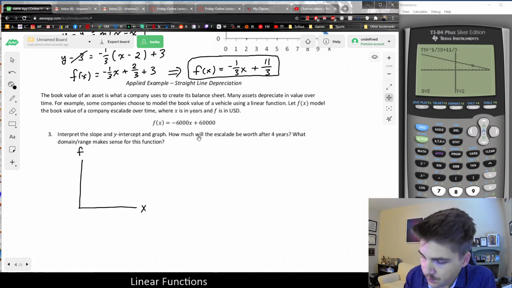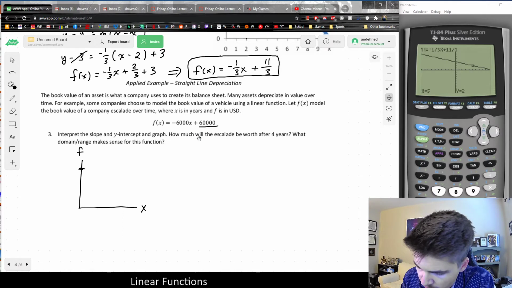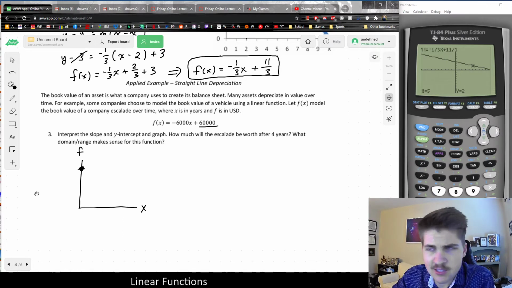But the y-intercept is 60,000. So that's what tells me how much it's worth at the start. And notice that when I created this grid, I just used the positive x-axis because a lot of graphs of real problems don't use negative numbers. In this case, negatives don't really make sense because the number of years that have passed since we purchased the Escalade is x, so it doesn't make sense to be negative.